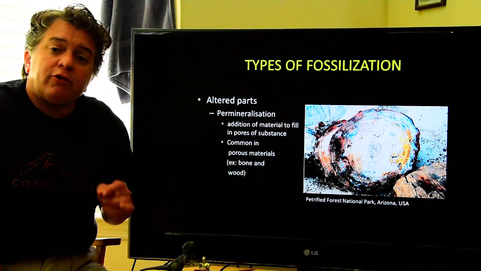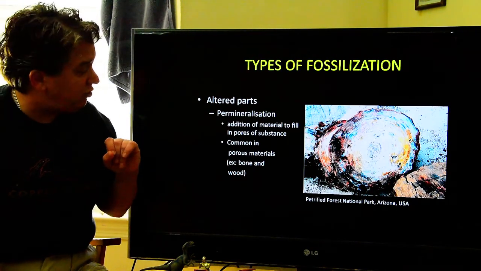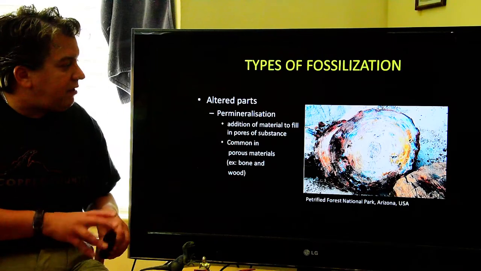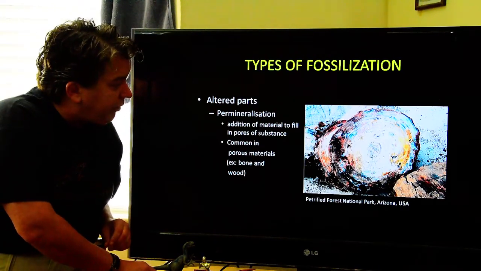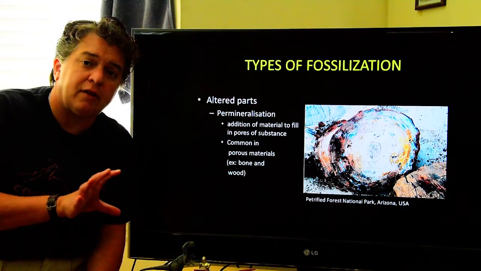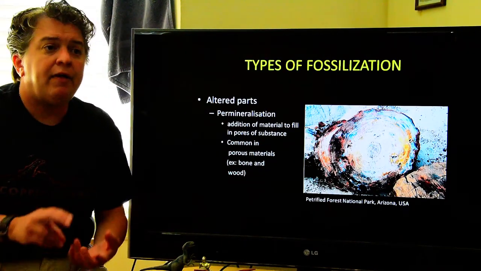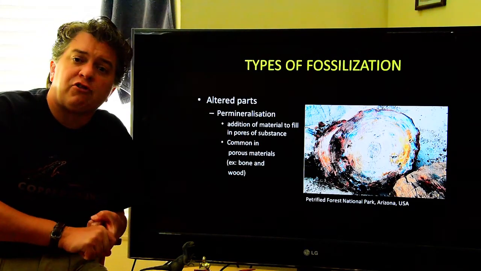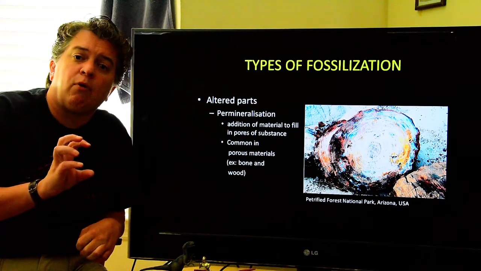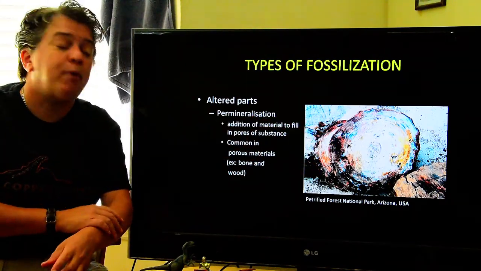When things get altered, you also might have something called permineralization occur. And this is the addition of material to fill the pore space of a substance. Now, pore space is open space. And there are two substances especially that have a lot of pore space in them. Wood is one of them. The other is bone.